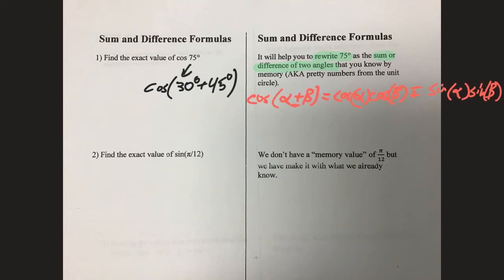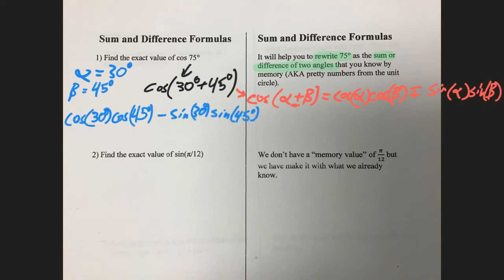And now you can see that this actually matches up perfectly with my sum and difference of cosines formula, which I wrote off to the side. If we just match these up, alpha is going to be 30 degrees, and my beta value is going to be 45 degrees. So let's just plug it in and set up the formula. And you guys can see all I've done is taken the alpha and beta numbers and plugged them in.